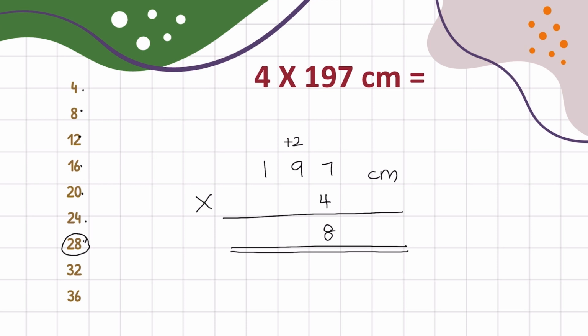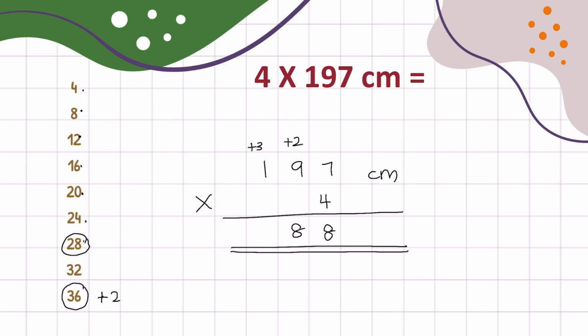Next, times the second number, which is 9. 9 times 4 equals 36, plus the 2 on top of 9. So 36 plus 2 is equal to 38. Write down 8 and bring up 3 above 1 to add it later.